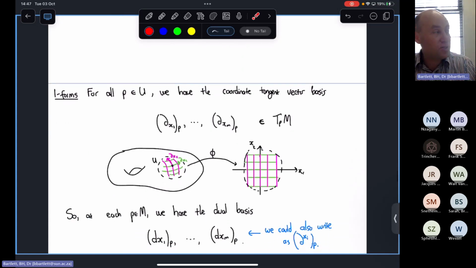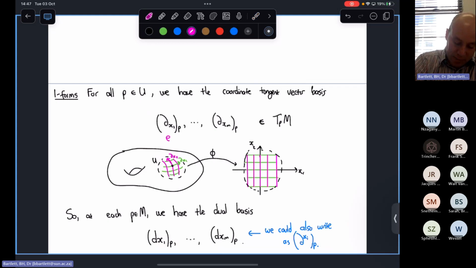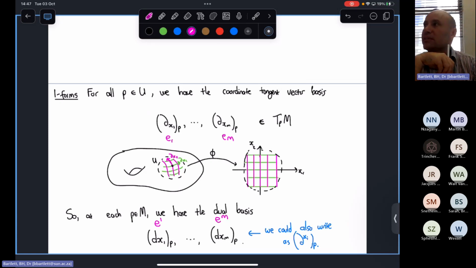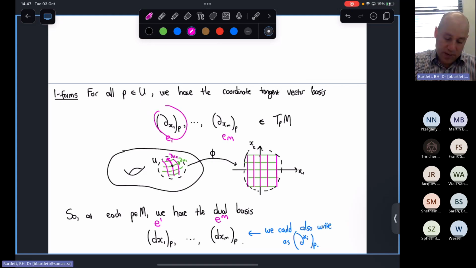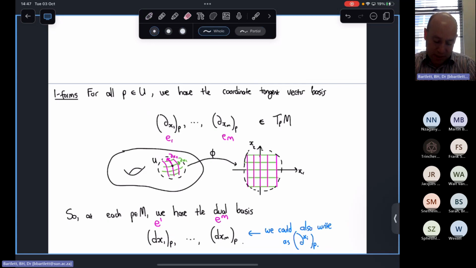So that means that we have the dual basis for the dual of the tangent space, i.e. the cotangent space. Now, what we were doing earlier was we had a bunch of vectors, E1 up to EM, and then we called the dual vectors E superscript 1 up to E superscript M, right? I'm not using that notation now, and I'll explain that in a second. I'm rather going to call the dual of the coordinate vectors dx1.